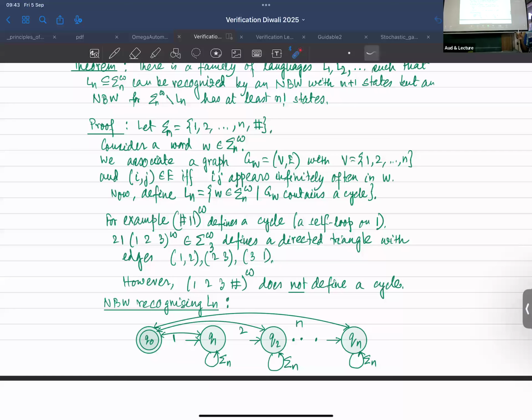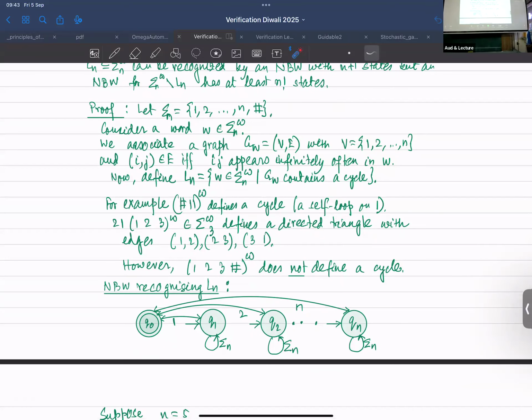If the subword ij appears infinitely many times in the word W, then I will have an edge ij in the graph G_W. Is it consecutive? Yes, it's consecutive. Is it directed? Yes. So I'll have the edge i to j if j follows i.